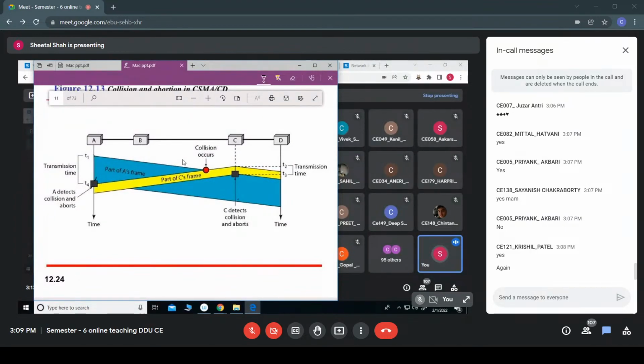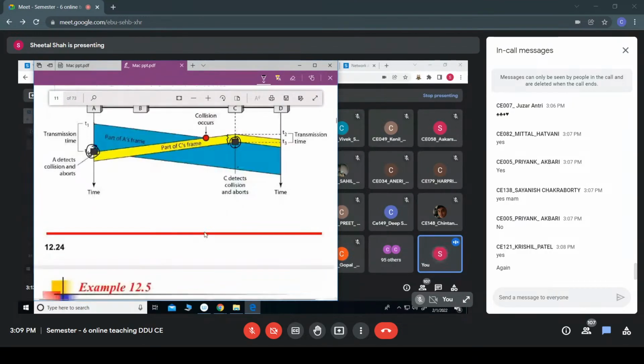Meanwhile, C has sent only up to this much of the frame, and you can see that there would be a collision. So C detects the collision here, whereas A detects the collision here. Suppose the entire frame has already been sent before A detects the collision; A would assume that this collision might be due to some other station, not because of its own frame. Hope this is clear.